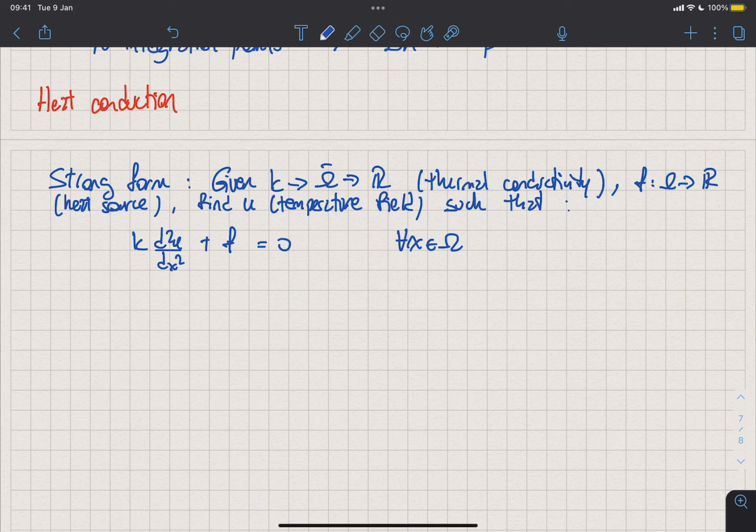And if you remember Fourier's law, the heat flux can be written as k du dx, which basically says that heat flows in the negative direction of the gradient. This is Q, or is our heat flux, and of course this is what is called the Poisson equation.